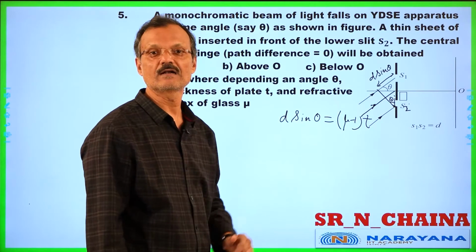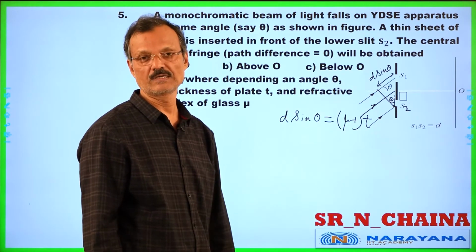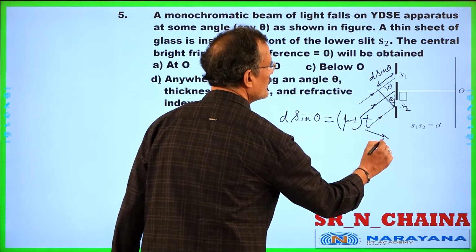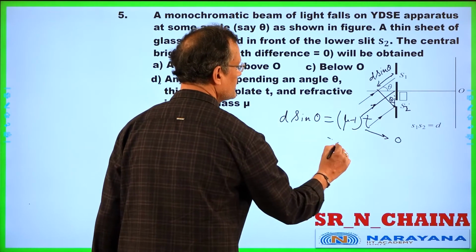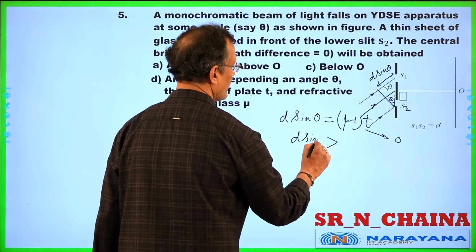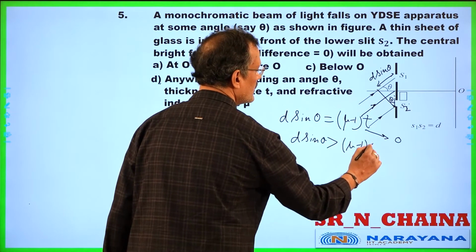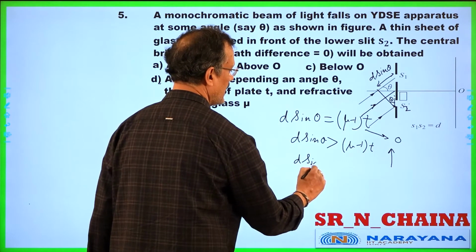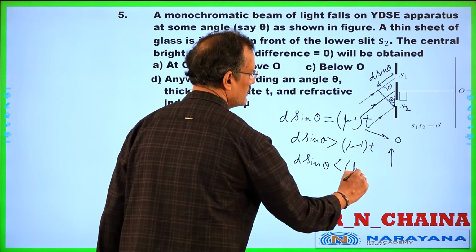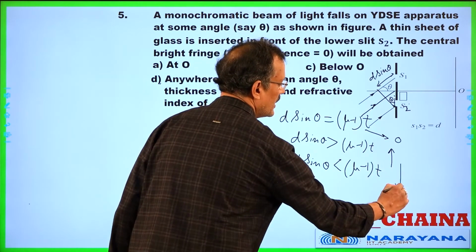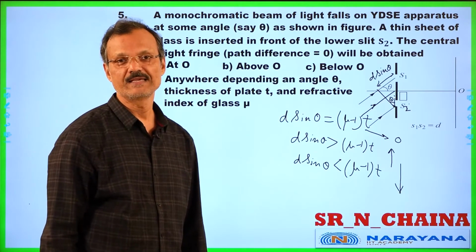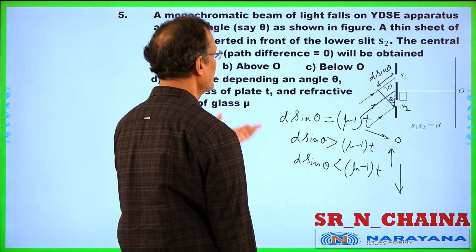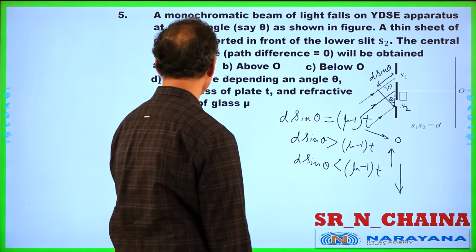If this is greater, the central fringe will shift downward. If d sine theta is greater than mu minus 1 into t, it will go above O. If d sine theta is less than mu minus 1 into t, it will go downward. Tell me, did you understand clearly? Check the answer. At O, above O, below O, all are correct answers depending on this.